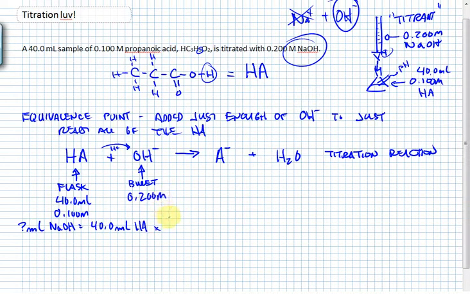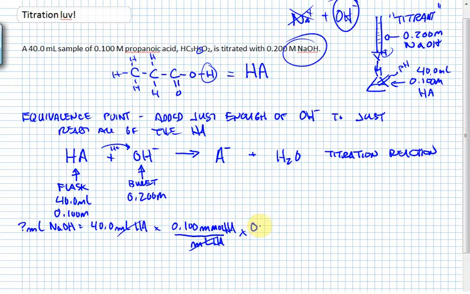I know the HA solution contains 0.100 millimoles per milliliter. I'm going to use millimoles because I don't want to have to convert to liters. A millimole per milliliter is the same as a mole per liter. Milliliters of HA cancel. That tells me how many millimoles I have swimming around in my flask.